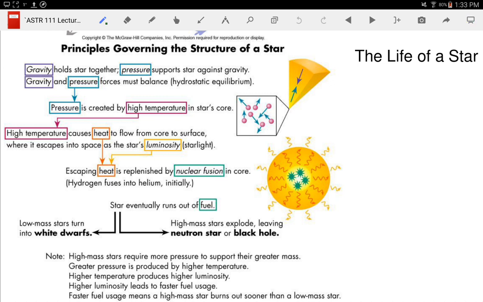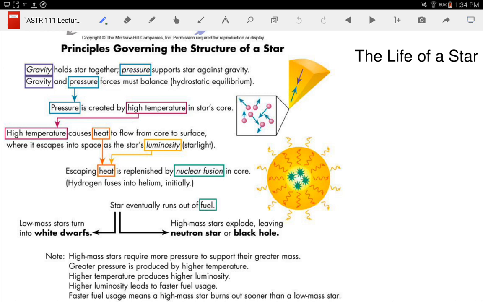Fusion, as we've already studied, releases a lot of energy, makes it hot, and that high temperature increases the pressure. Pressure then is pushing out because of the high temperatures, and we have a balance everywhere in the star called a hydrostatic balance, where we have the pressure pushing out and the force of gravity pulling in, and those are balanced everywhere to have a nice stable star, one that's not collapsing or blowing up.